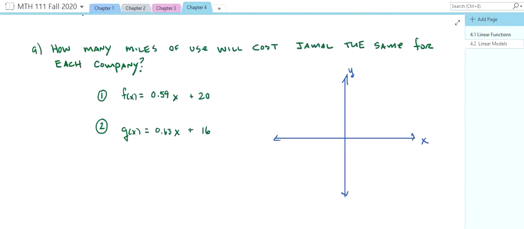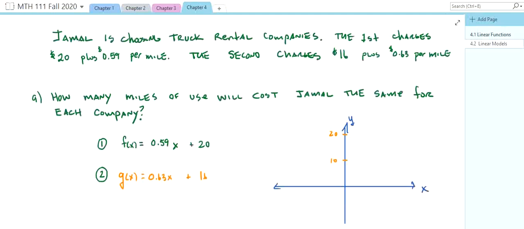Well, as you can see, these are 2 lines. I should have done these in different colors. Let me go back and color them. Okay, so now I have an orange and a green line. So for our green line, our initial condition is at 0, when x is 0. If you don't drive the truck at all, but you rent it for a day, it costs you 20 dollars.